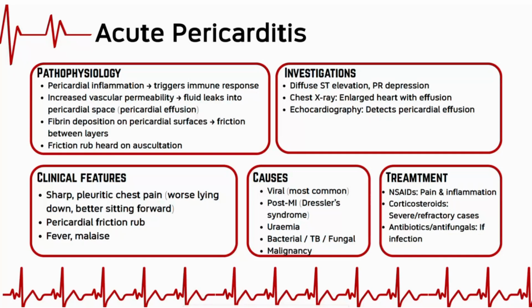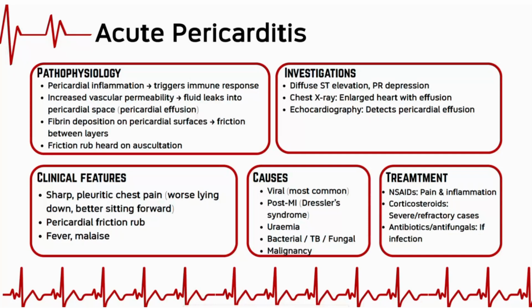Now, it is clinically characterized by a triad of chest pain, positional changes in the physical exam, and also echographic changes. So when you do an echo, you can see it quite well. You can detect a pericardial effusion.